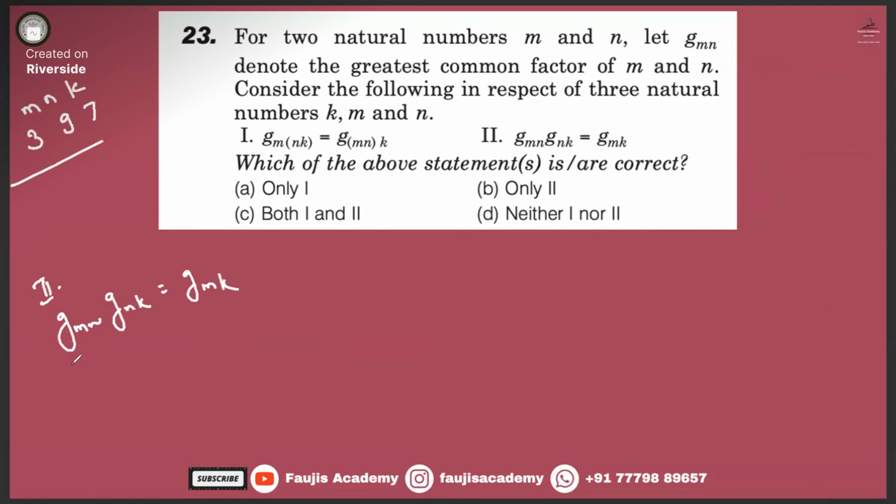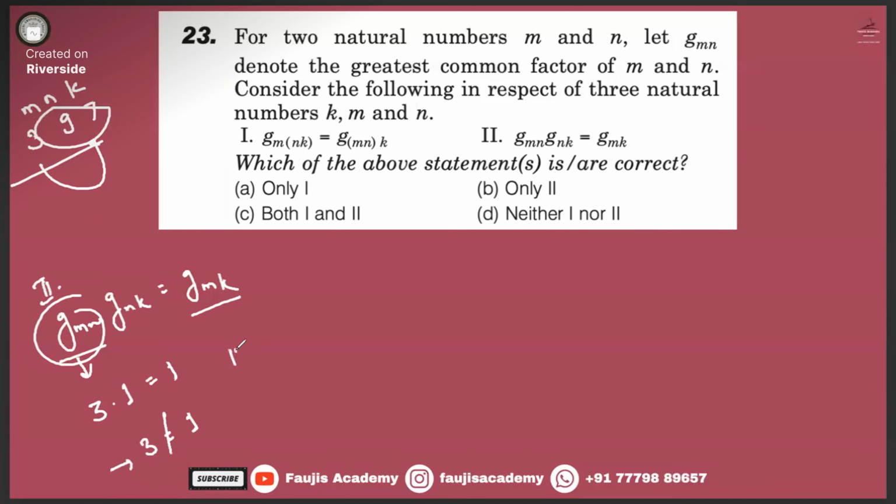So g of mn means HCF of 3 and 9, which is basically 3, into g of nk. g of nk means HCF of 9 and 7, which is basically 1, and g of mk, what is the HCF of 3 and 7? 1, sir. So over here HCF is 3 and over here HCF is 1, which are not equal. So we'll conclude that statement number 2 is also incorrect.